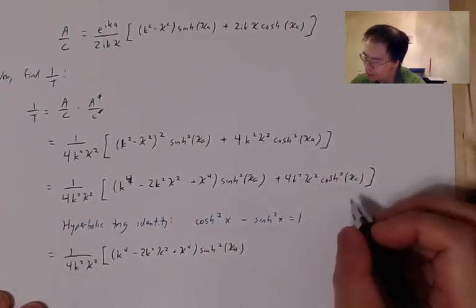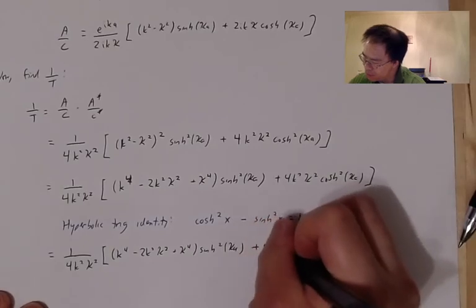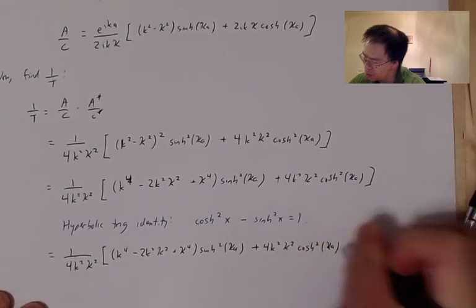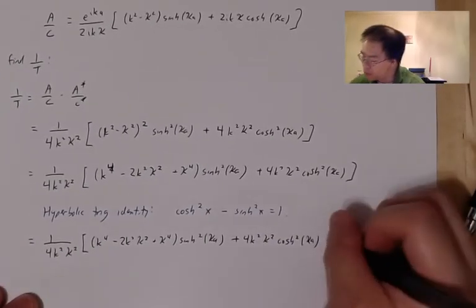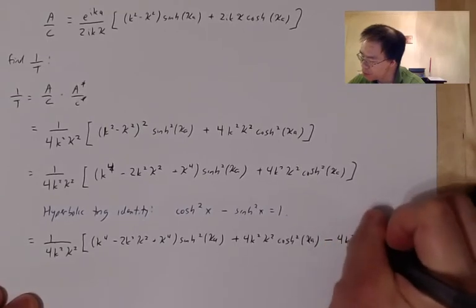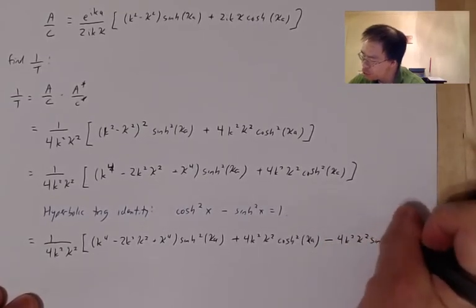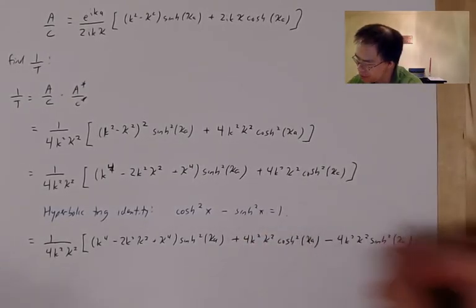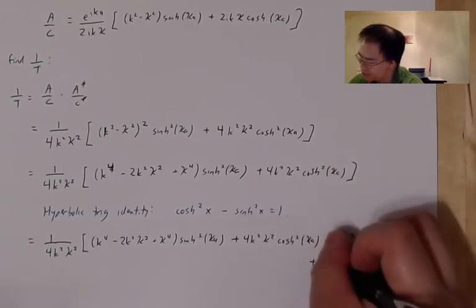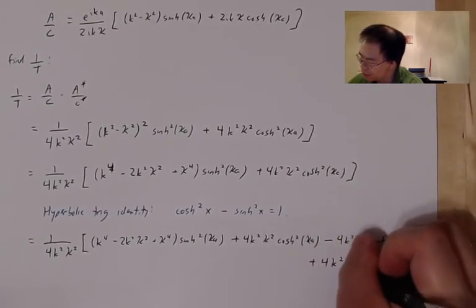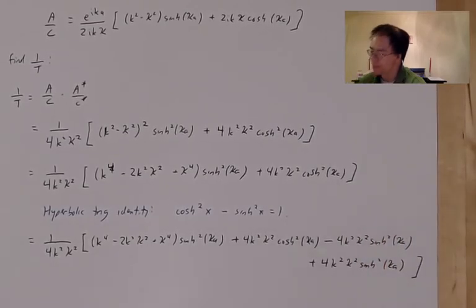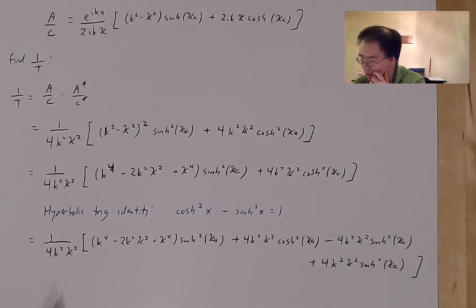And then I'm going to write this as plus 4k²κ² cosh² κa. To use this identity, I want a minus 4k²κ² sinh² κa. But I can't just add a term. I have to not change my equation, so I'm just going to add 4k²κ² sinh² κa. Take a moment to stare at that and convince yourself that this is legal.